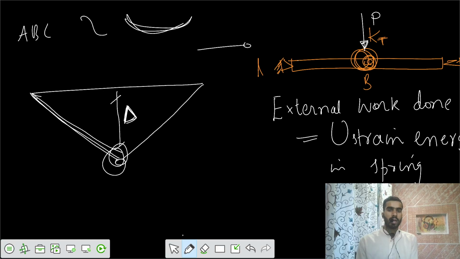Had there been no spring at the midspan, there would not have been any deflection, because your point A and point C are at the same level. So finally your B had only one option, that is to remain at the level itself. So the profile would have been in this fashion.